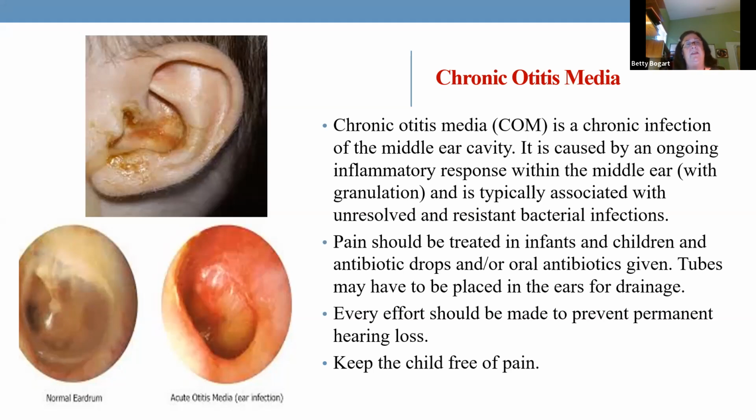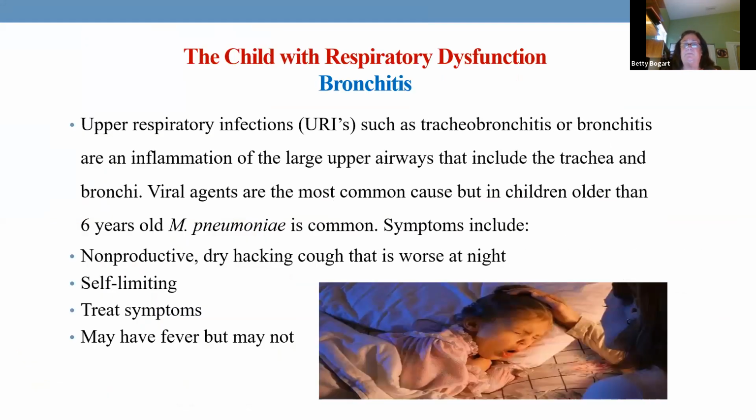And if these things are chronically occurring, multiple ear infections, we're going to be putting tubes in there to keep that open. So our goal is to prevent hearing loss because of these multiple chronic ear infections, and to keep this child from hurting. Always, pain is a big thing with children. Make sure they don't hurt.